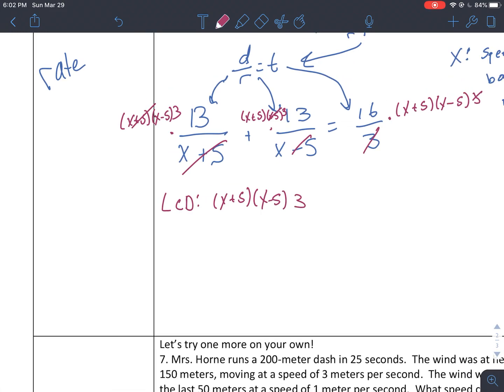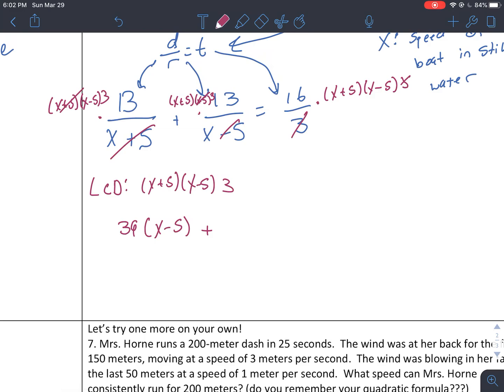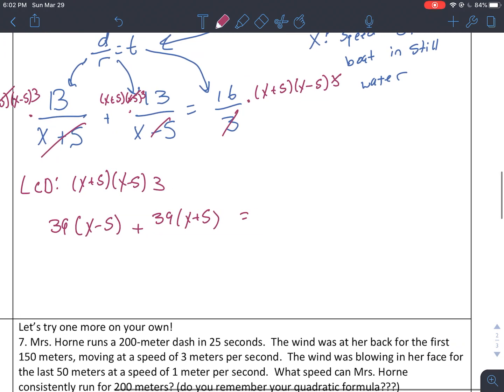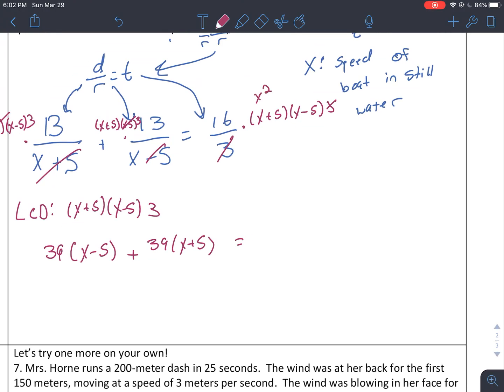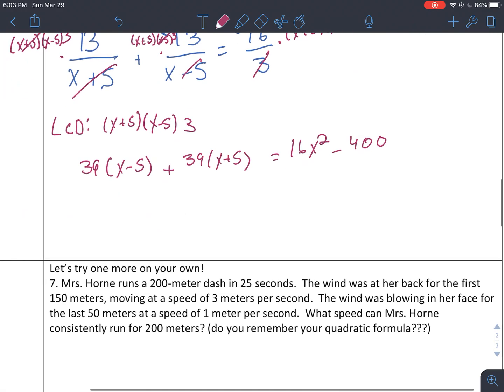That's going to give us 3 times 13 is 39 times x minus 5, plus 39 times x plus 5 equals, let's multiply this out, x squared minus 25. So that's going to be 16 times x squared minus 25. Anybody do 25 times 16 on their calculator for me? 400. Nice.